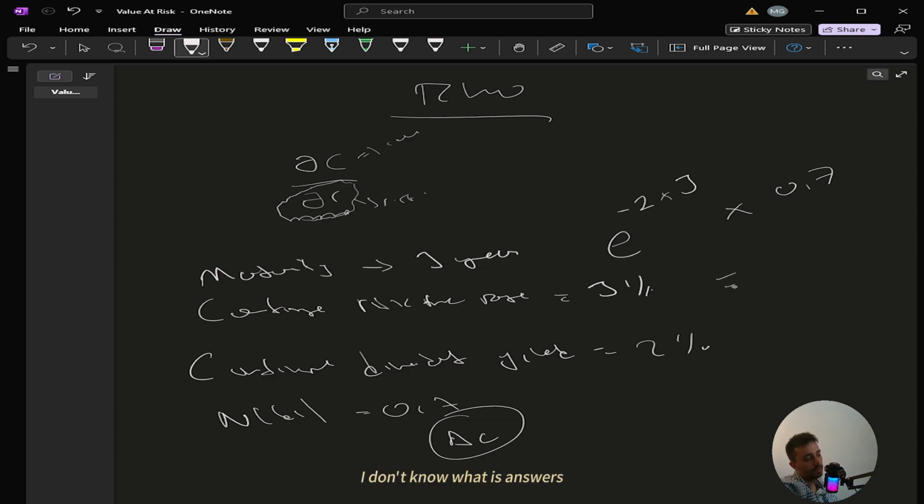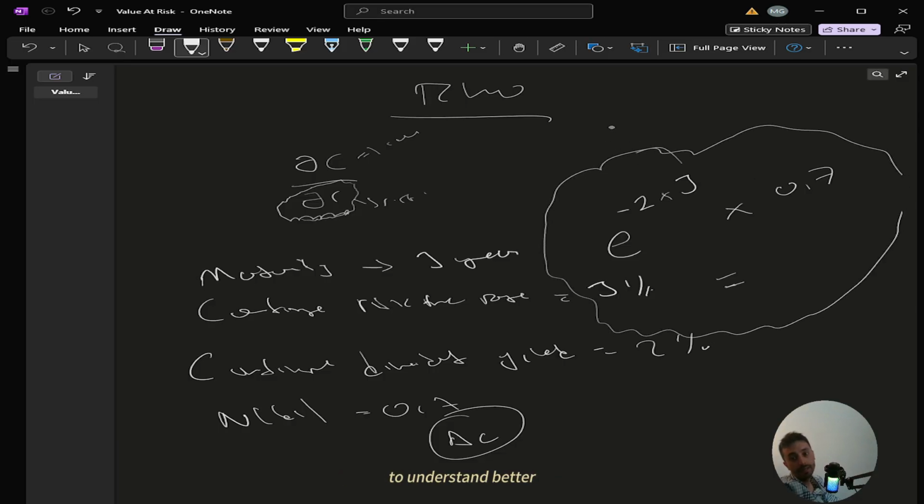I don't know what the answer is, you can calculate it. I just wanted to give this example to help you understand the Greeks better. That's all I want to say about the Greeks.